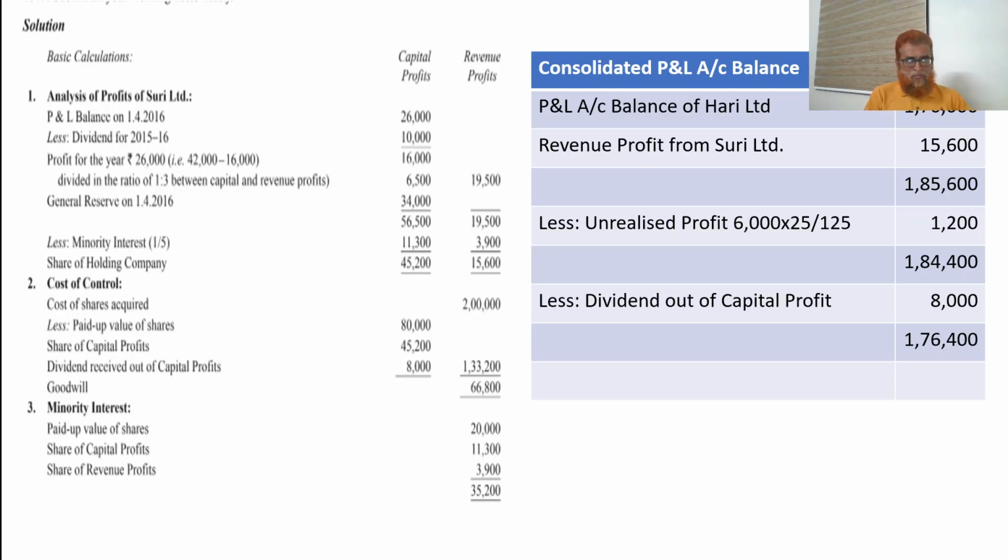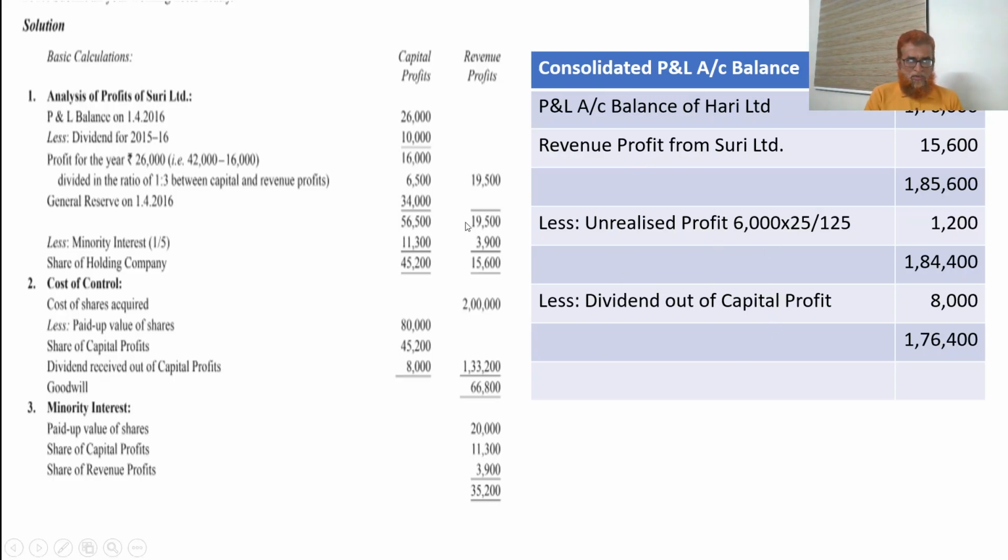So here this is the 16,000 plus 6,500 plus 34,000, that is 56,500. And here you have only 19,500. This 56,500 is divided into minority interest and majority interest.